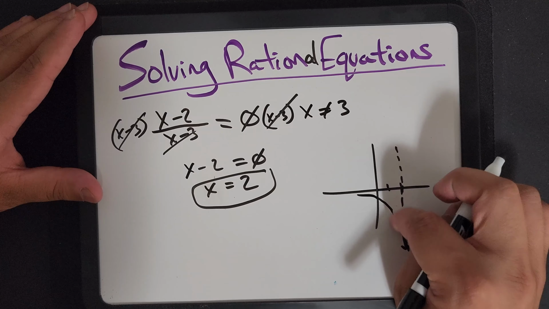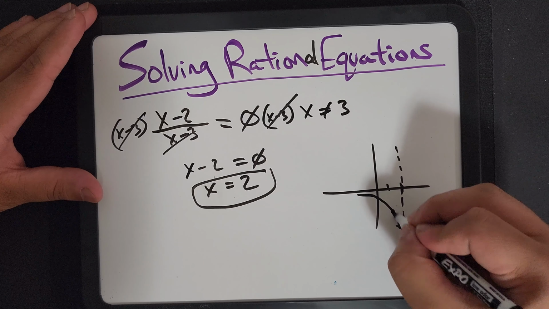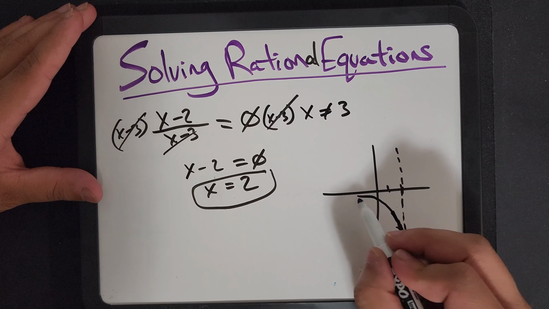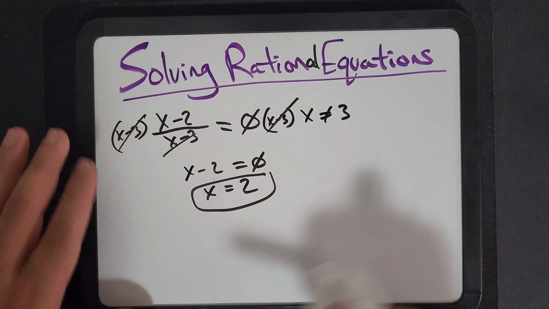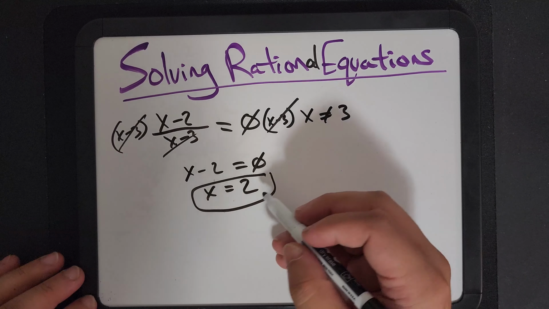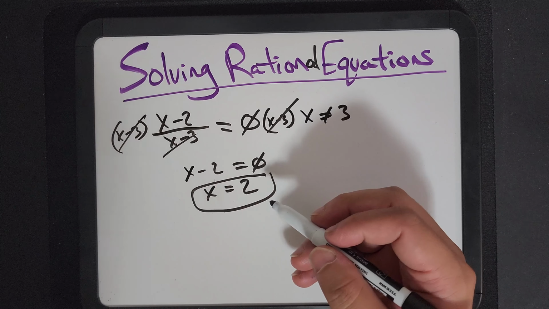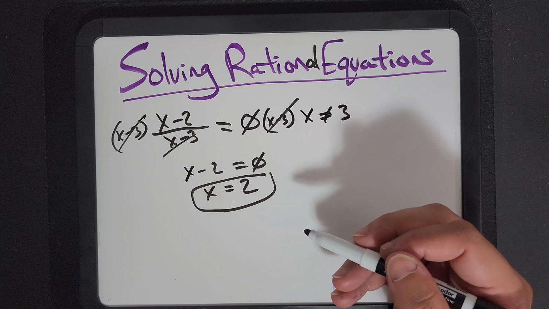So this function actually has a vertical asymptote, which goes down like that. I've actually graphed this out so I know what it looks like, but that's basically what we are looking for when we're doing these graphings.